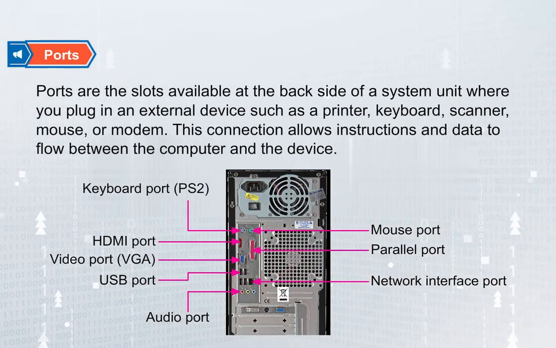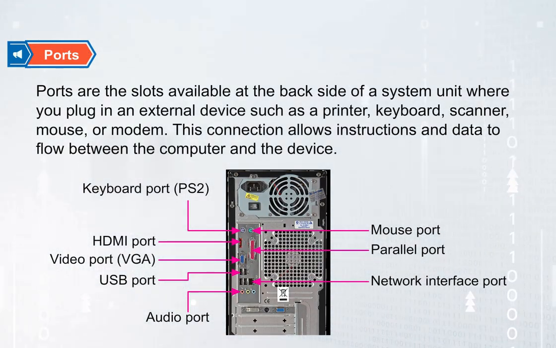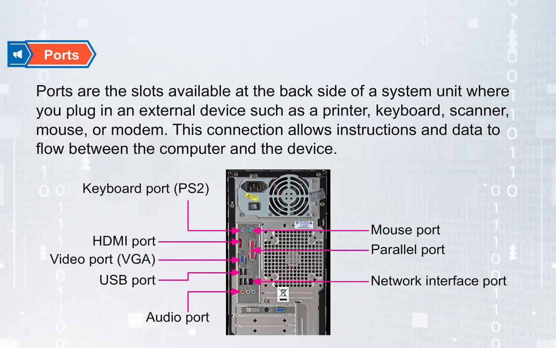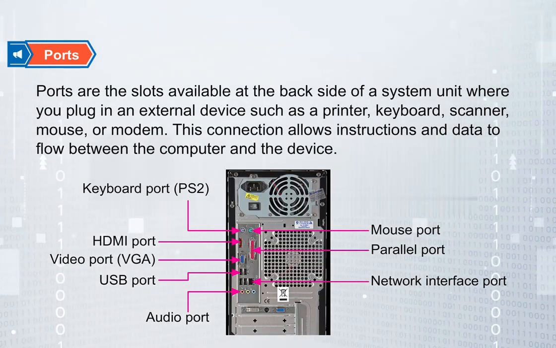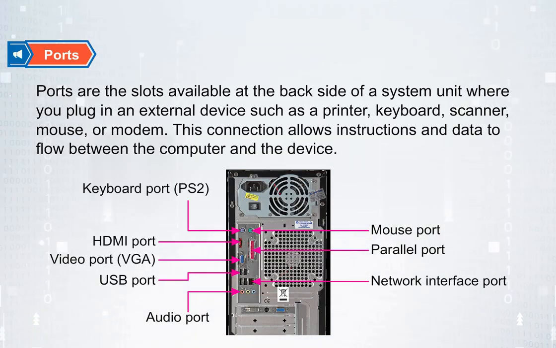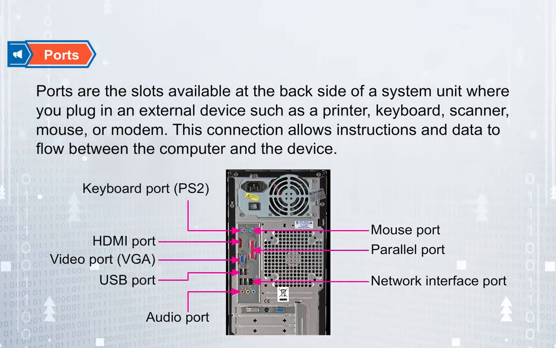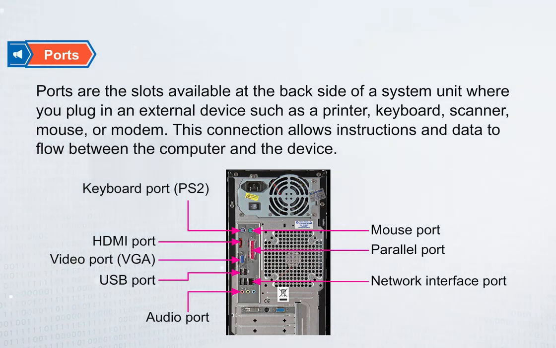Ports. Ports are the slots available at the backside of a system unit, where you plug in an external device such as a printer, keyboard, scanner, mouse, or modem. This connection allows instructions and data to flow between the computer and the device.